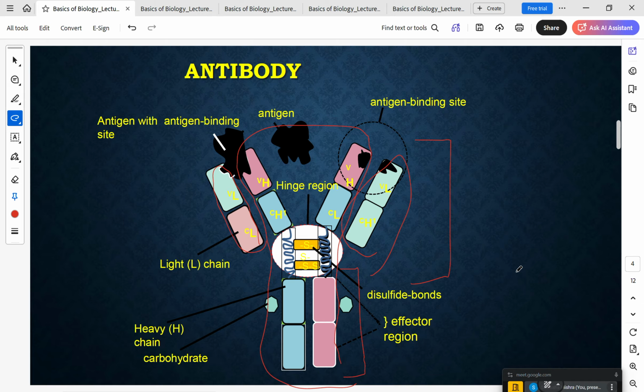Okay, where was I? So this is the constant region, and this has the antigen binding site, this region. This is also known as the variable region. When antibodies are produced, the constant regions are the ones where the splicing and everything goes on normally, so they are always the same or similar between the antibodies.